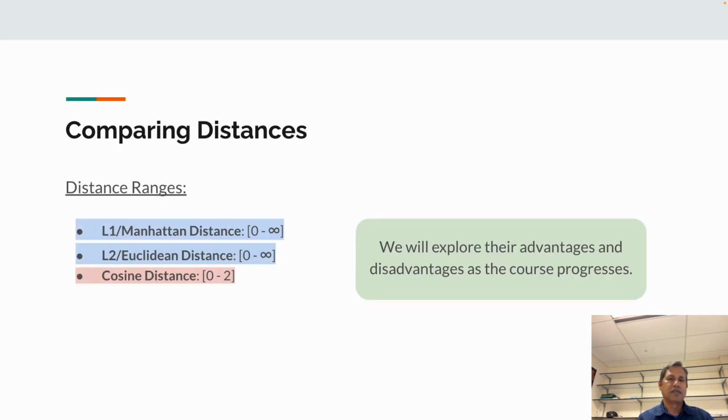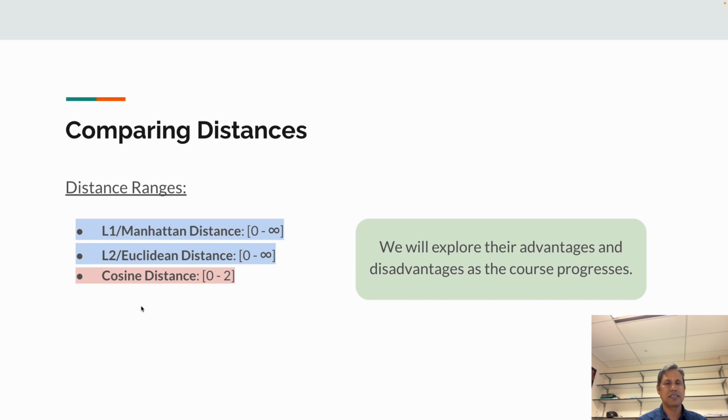Next I'll be briefly explaining some characteristics of these 3 distance metrics, because we don't only rely on L2 distance, which is more familiar to us. We introduce some other distance metric definitions, and we have a purpose for that.